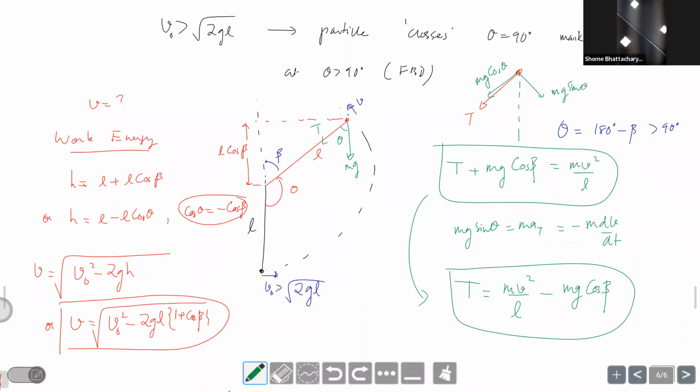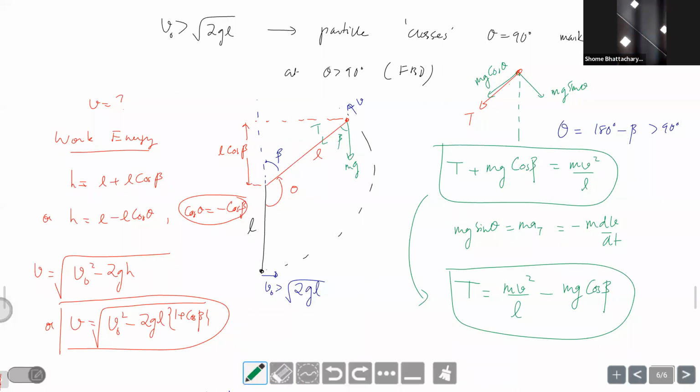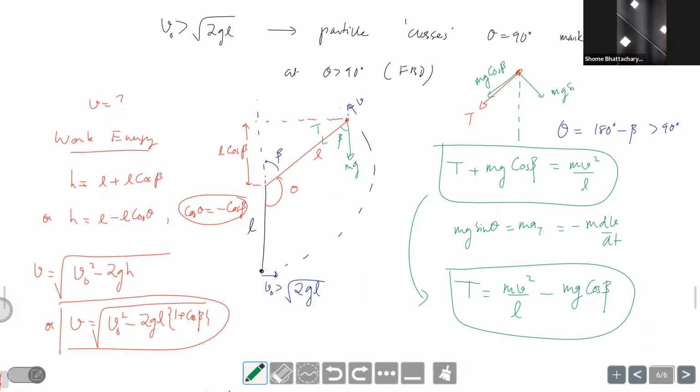Because this angle, sorry, it's beta. People pointed out this correction, and it is correct. This angle will not be theta, it will be beta. So these are mg cos beta and mg sin beta.